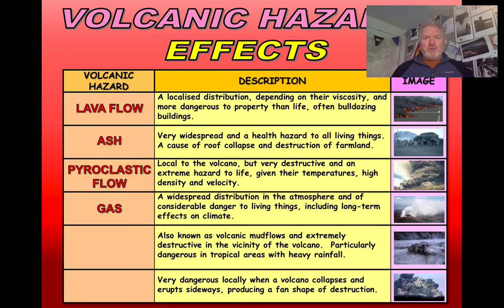Volcanic mud flows that can be very, very destructive, particularly around a volcano, particularly in river valleys. Tropical areas are really badly affected by this as well because of the high rainfall. These are lahars. And finally, the hazard that's very dangerous locally, but is restricted really in how far it can go, when a volcano collapses and erupts sideways, that's a volcanic blast, or a lateral blast out to the side.